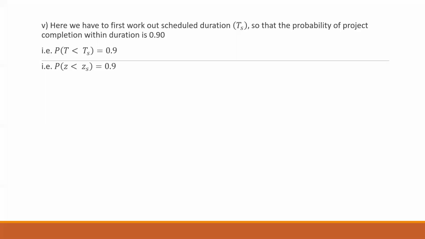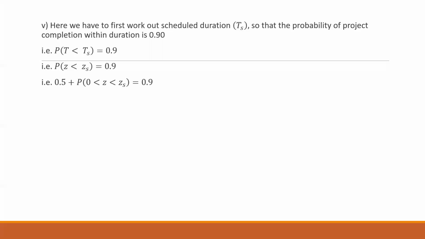So ZS will be referred in the reverse order from your normal distribution curve table, your appendix 1 or A, whatever you have with you. Now to write this further, if it is 90%, that means it is covering one half. So 0.5 plus something will give me the value, right?